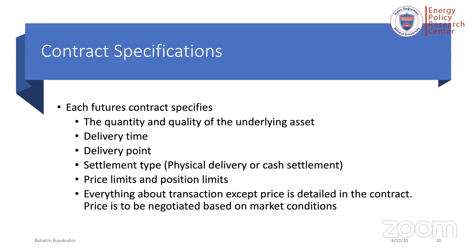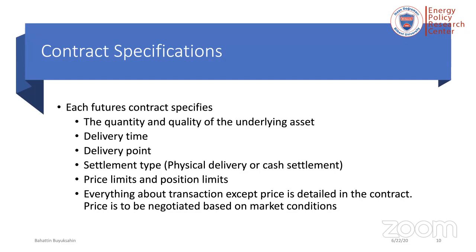The financial assets in a futures contract are well defined, and there is no ambiguity. In the case of commodities, there may be quite a variation in the quality of what is available in the marketplace. When the asset is specified, the exchange has to specify in detail the grade or grades of the commodity that are acceptable for delivery.